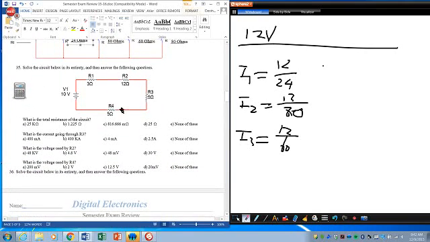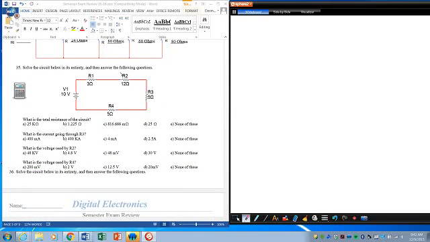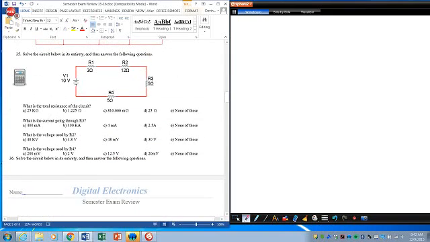Number 35, pretty much the same thing as what we did earlier. The total resistance of the circuit, all you've got to do is 3 plus 12 plus 5 plus 5, which gives you 25, so the answer should be D. Next, what's the current that's going to go through R3?